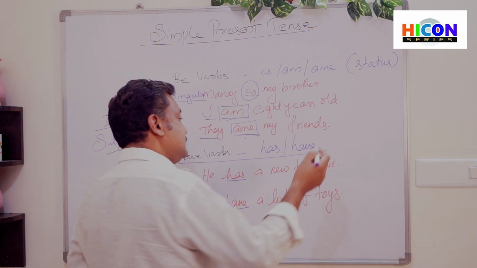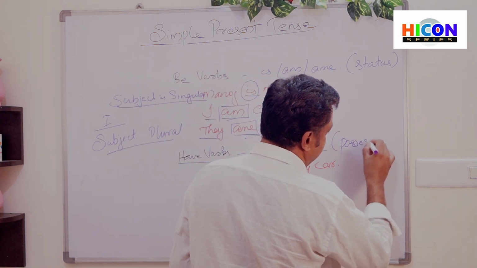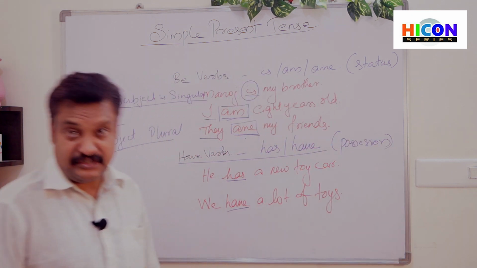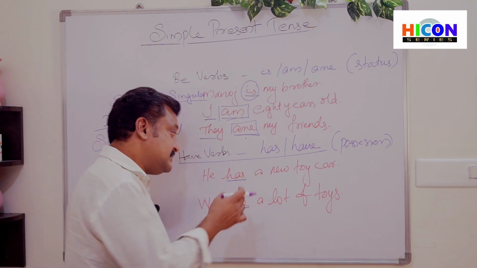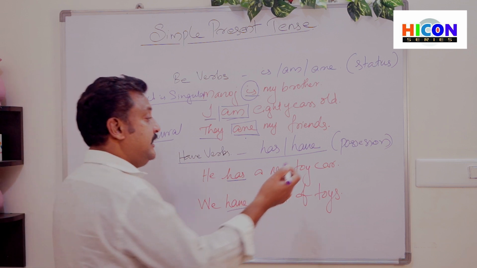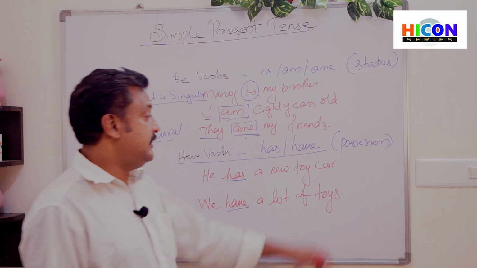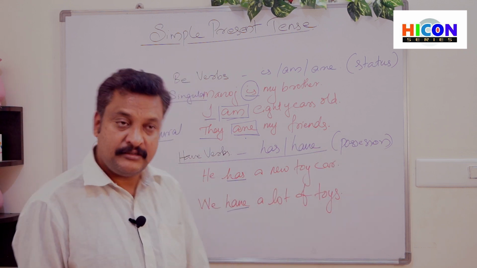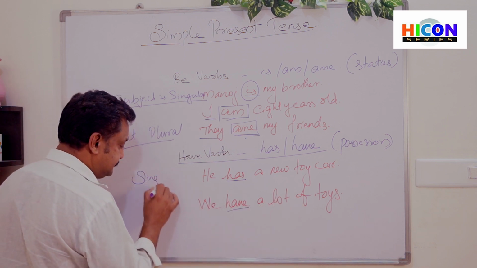Okay, so as has and have show possession, they are known as the possession verbs. Possession verbs. Okay, so we use has and have in the simple present tense. They are used for expressing possession and they are also known as possession verbs. Right? Now, has is used when the subject is singular.